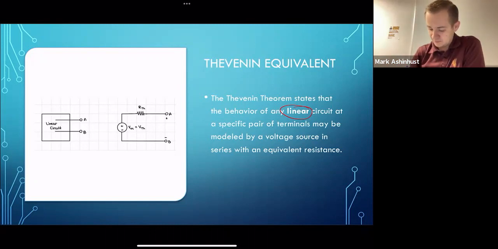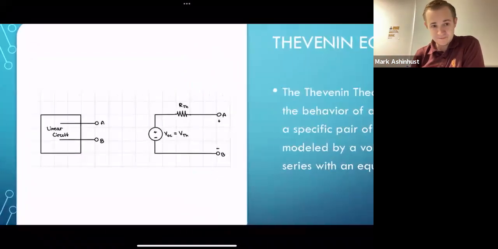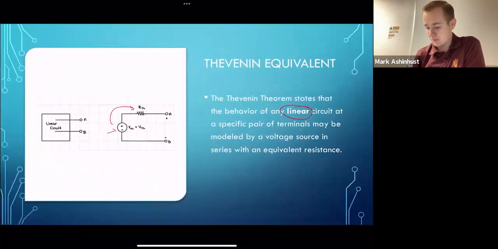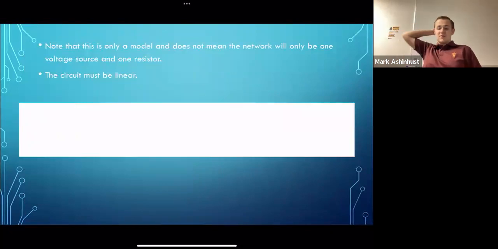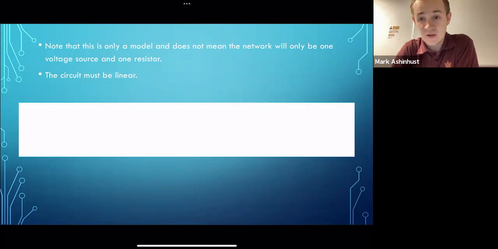We can see that here. We have our linear circuit, and on the right we modeled it with a voltage source and a series resistance. That would be our Thevenin equivalent. I want to make two notes. First, this model does not mean the network is just a voltage source and a series resistance.